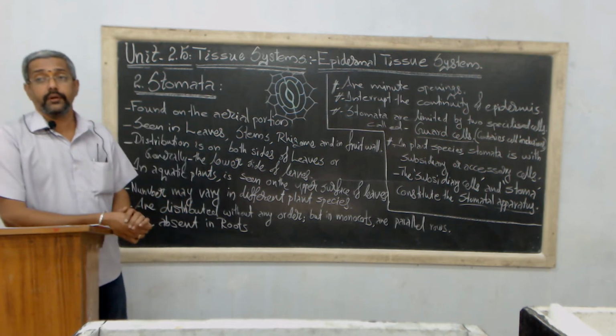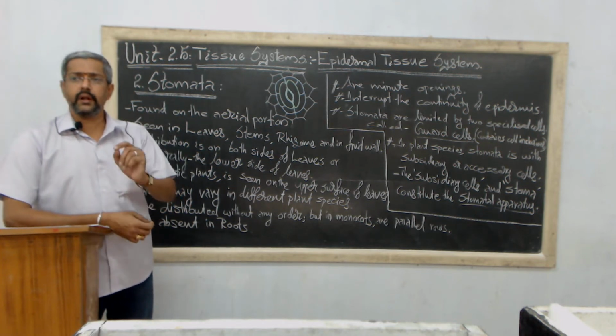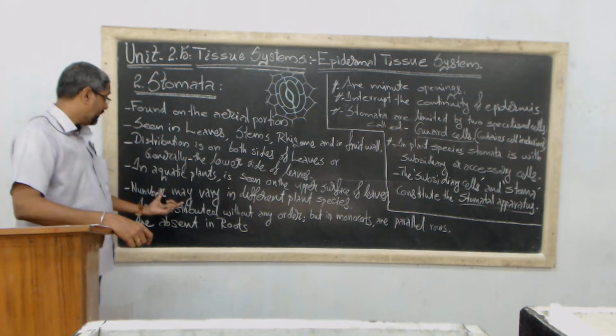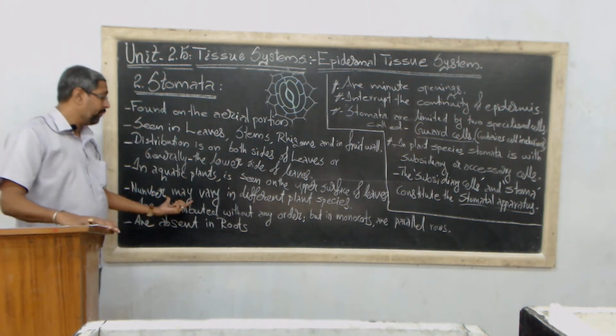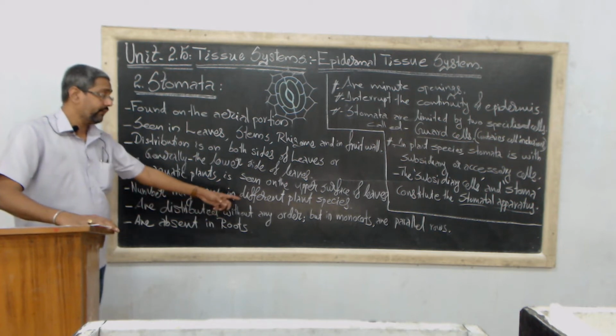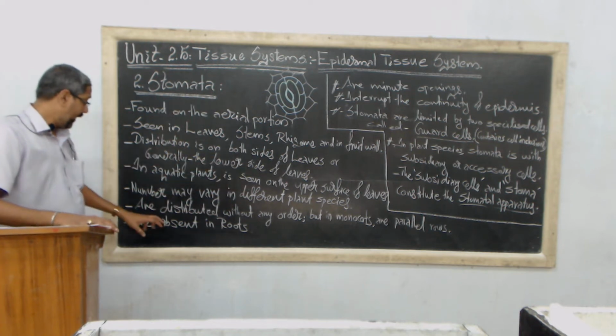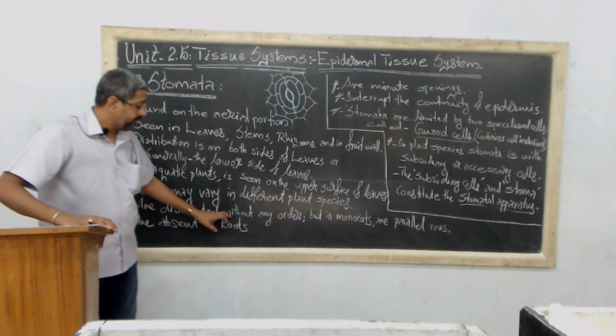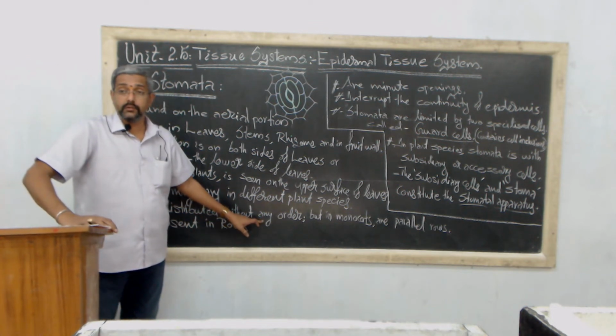So it is also one of the anatomical characteristic features. The number of stomata varies in different plant species, and they are distributed without any order.